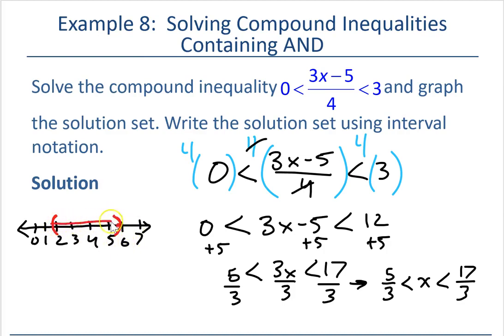So there is what my x could be, and that also gives me my interval notation. I can write that as 5/3 and 17/3. That's how we'll go through and solve these compound inequalities. We'll do a whole bunch more examples, but that's the gist of it.